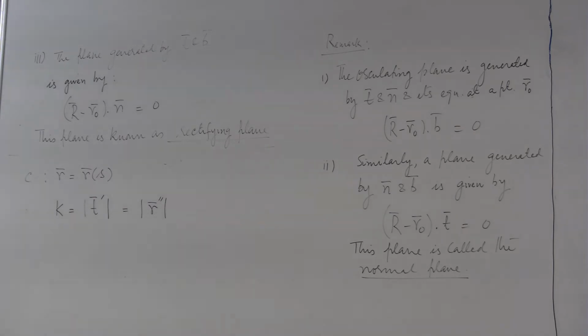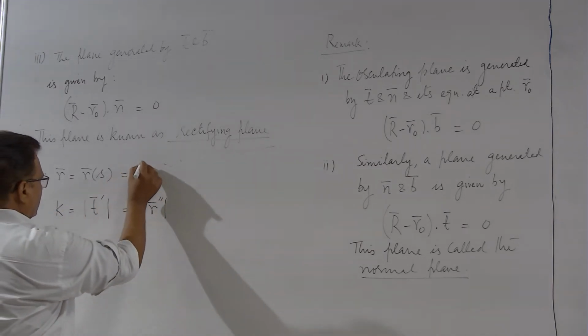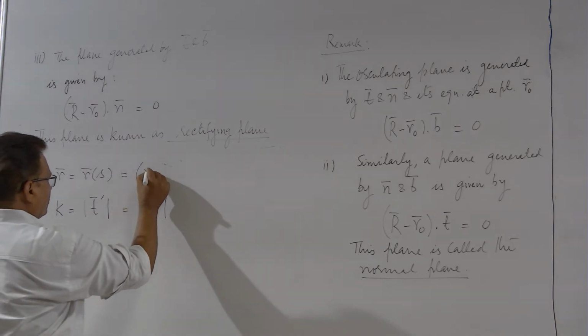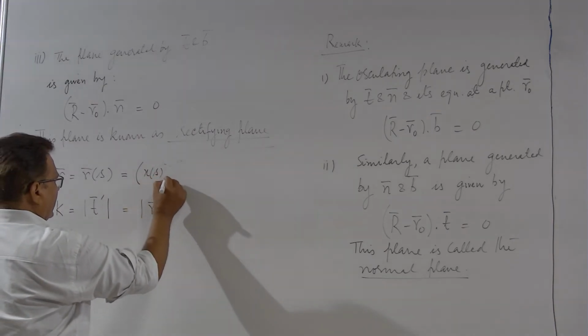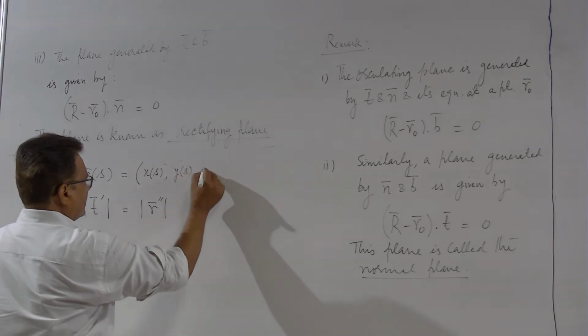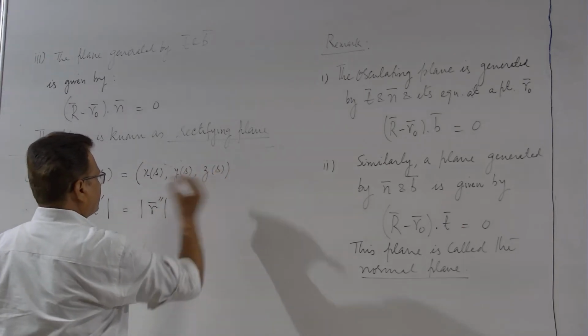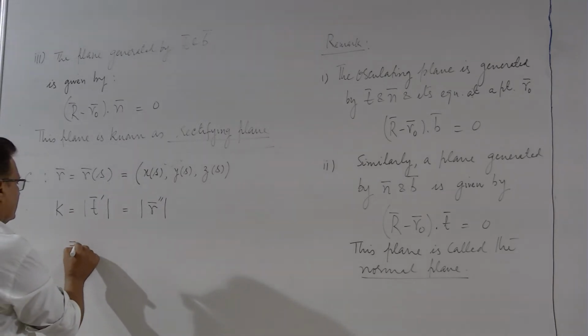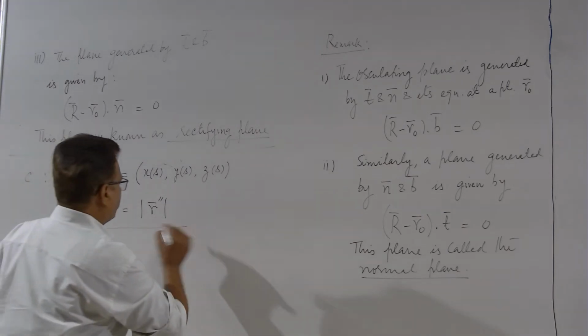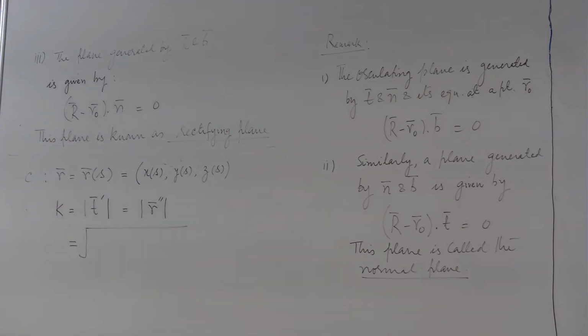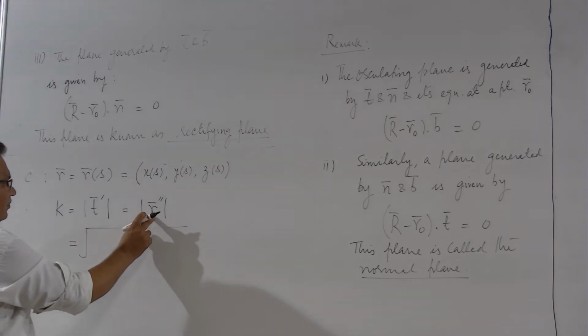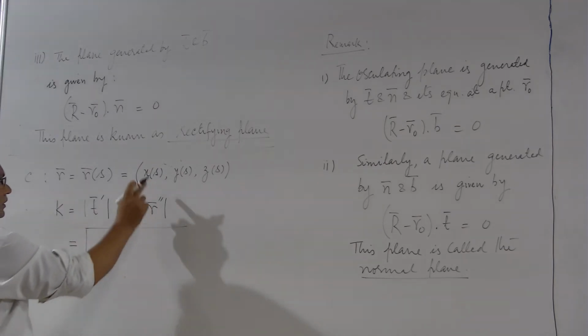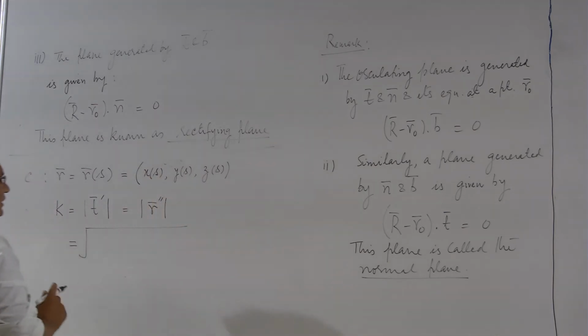All right. Now, if you are interested in computing it in terms of the components of the position vector, you remember the components of a position vector are written as x, y and z. All of them are functions of s. So, this can also be written in terms of the components of the position vector. So, this is the double derivative of r, so these components must be differentiated.